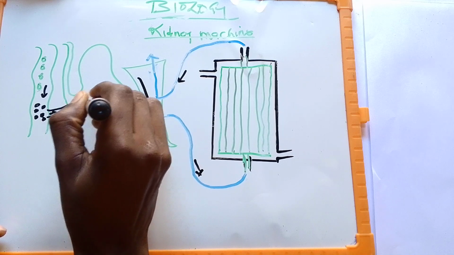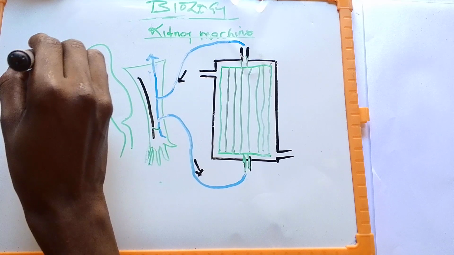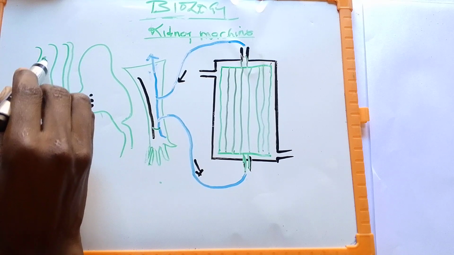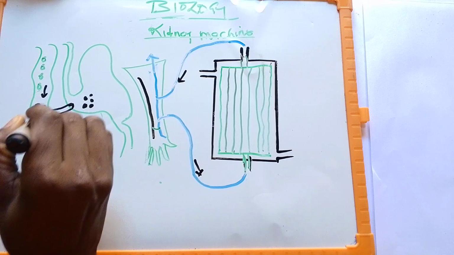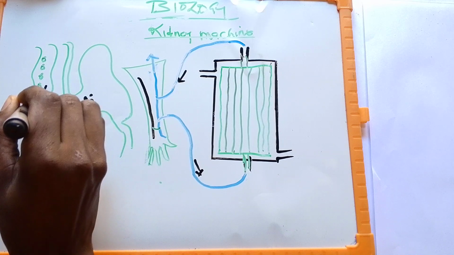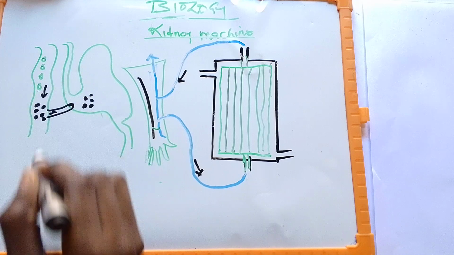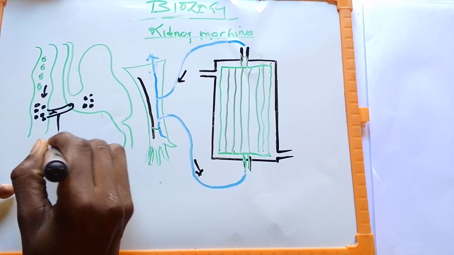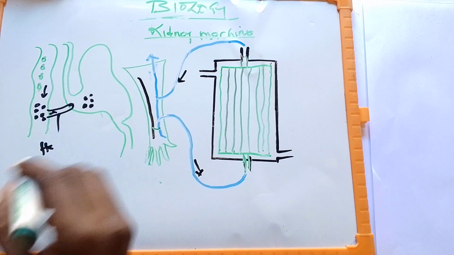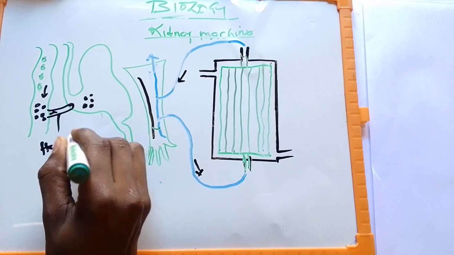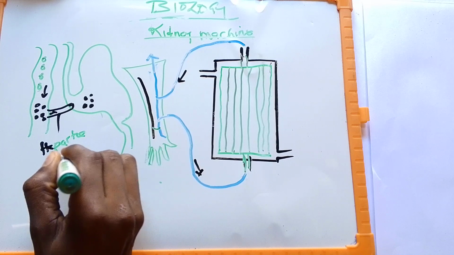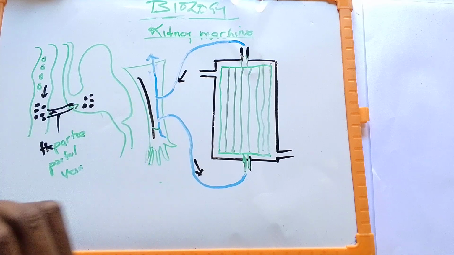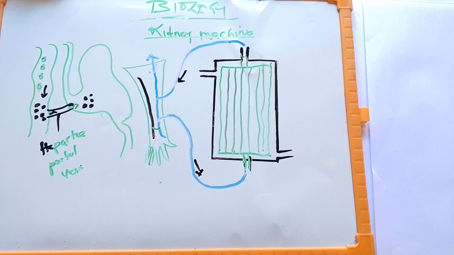So these are amino acids which have come from the breakdown of the proteins. Then from the digestive system, the alimentary canal, via the hepatic portal vein, this part takes the amino acid into the liver.